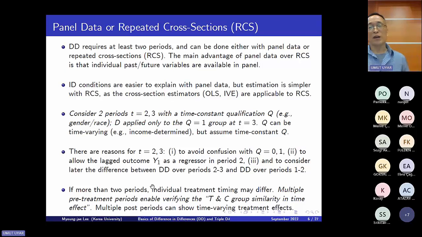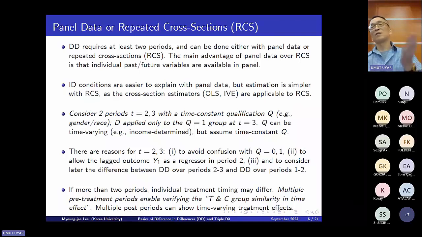If there are more than 2 periods, what can happen is that individual treatment time may differ. For example, in the United States, the federal government mandates the states to implement a certain policy. But the federal government allows each state to choose their own timing, okay?